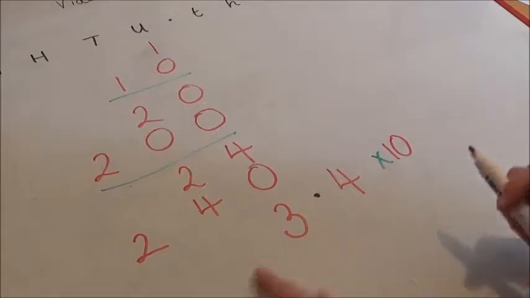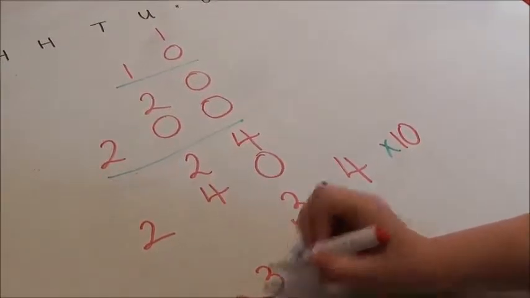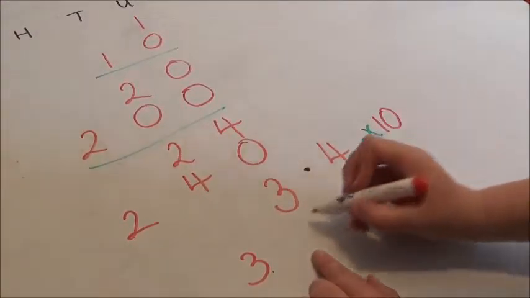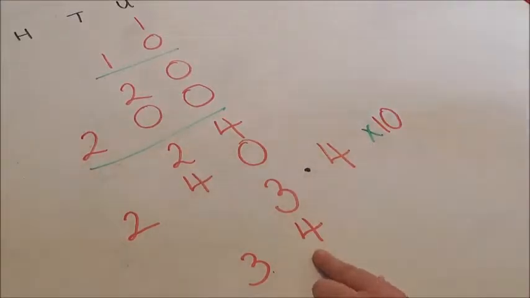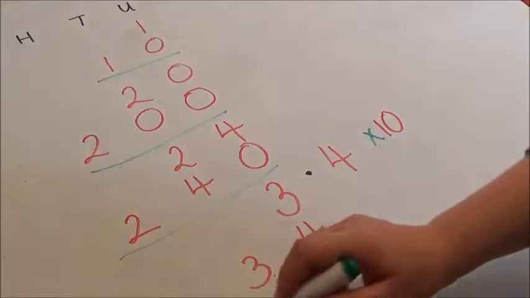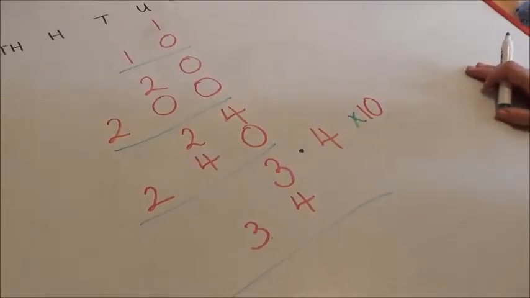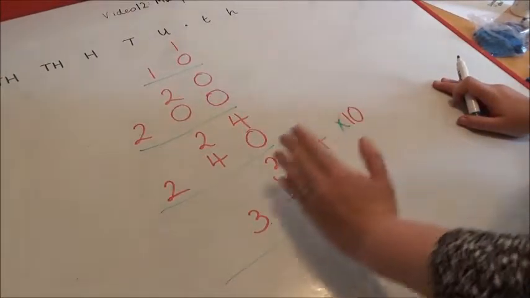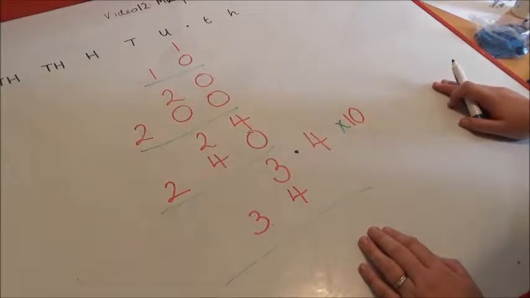So the 3 would go into the tens and the 4 tenths would go into the units, giving us the answer 34. So when we're timesing a number by 10, we're just going to move it up the place value position.